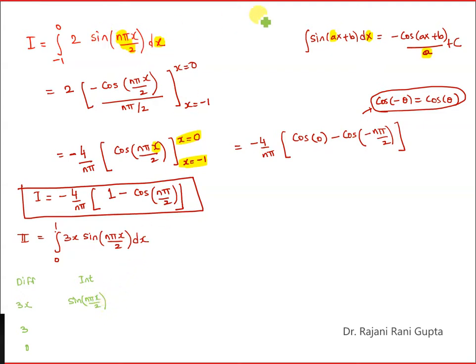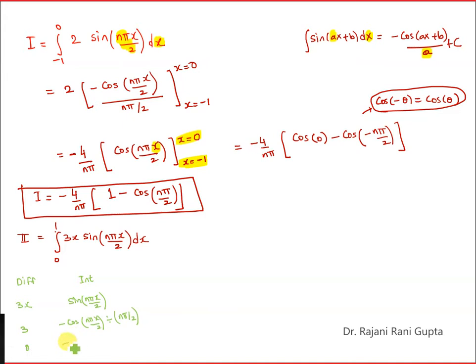So when we integrated sine here, what did we get? We got minus cosine n pi x over 2 divided by n pi by 2. So it is minus cosine n pi x over 2, and I will write the division by n pi by 2 like this, because otherwise it will look more complicated.